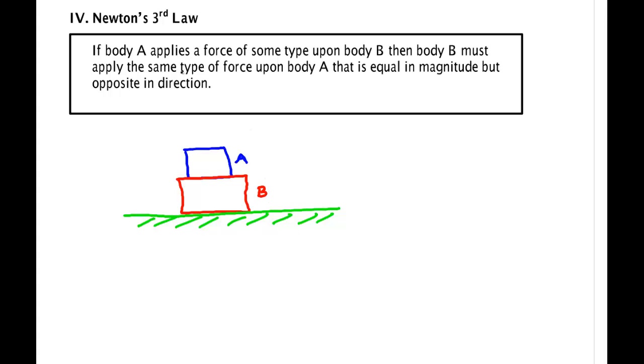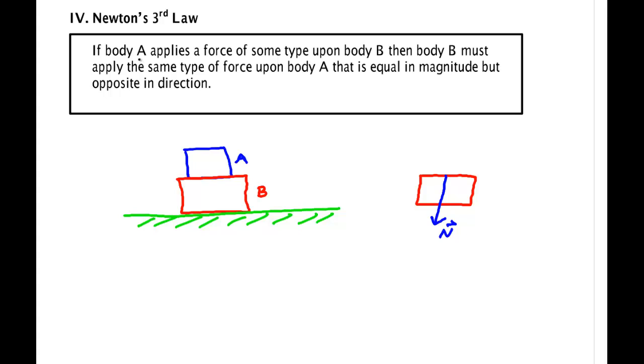So body A applies a force of some type upon body B. One of the easiest ways to see this, and of course what we're going to want to do with it, is to draw a free body diagram. So I'm going to draw a free body diagram over here to the side of block B. And what we're saying is that A is applying a force upon B. One of the forces that could be is that A is applying a normal force because it's touching B and it's pushing down.